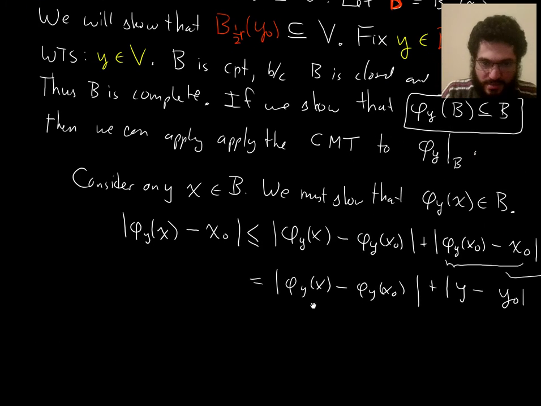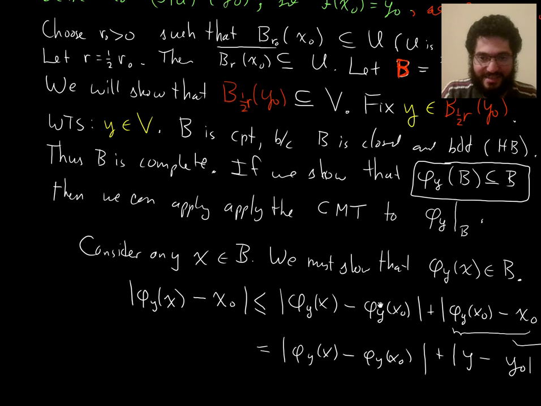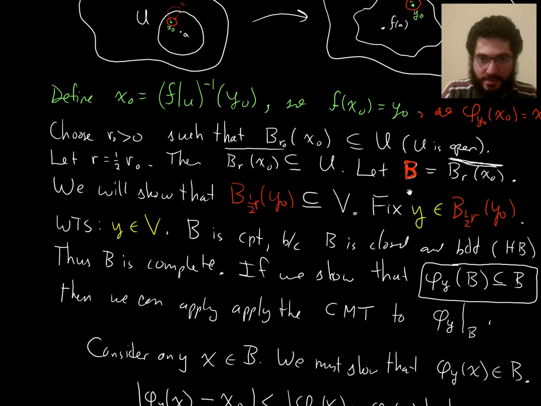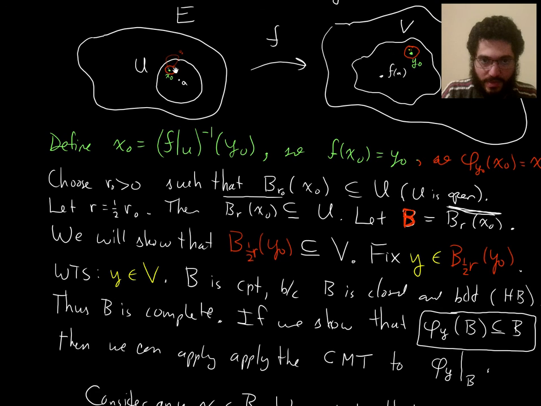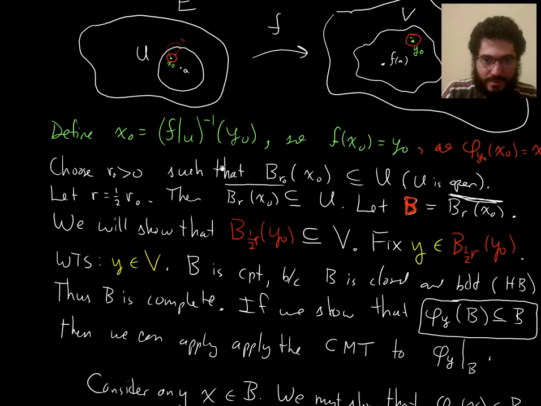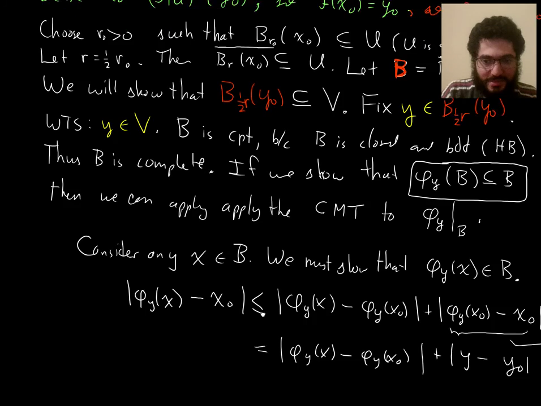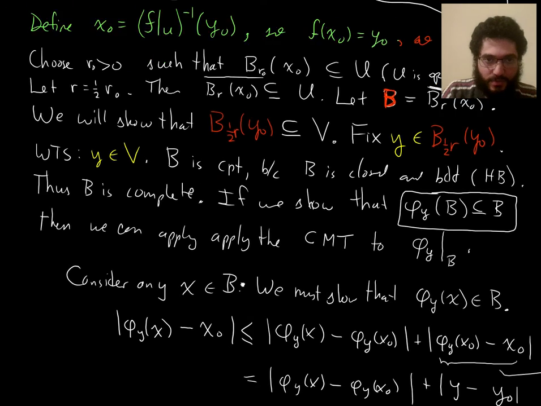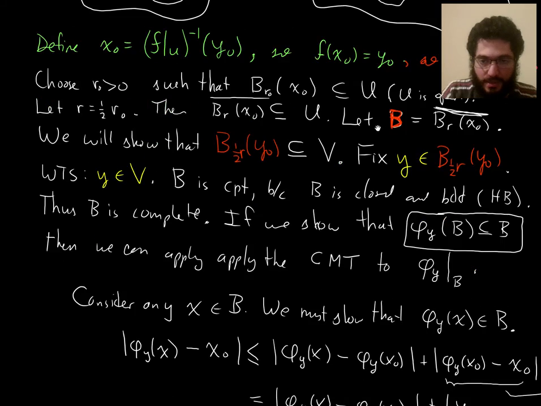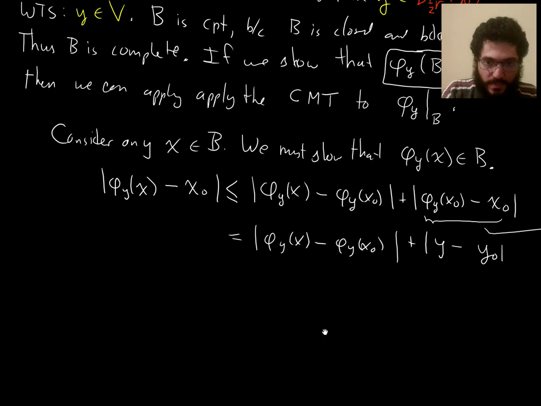So going back down here, x and x0 are points in U, right? Because x here is in B, and B is a subset of U. That's the way this red disk was chosen. And x0 is also in B. We also knew from the very beginning that x0 is in U, since it's the preimage of something that was in V, namely y0. So x and x0 are in U, so that inequality holds.